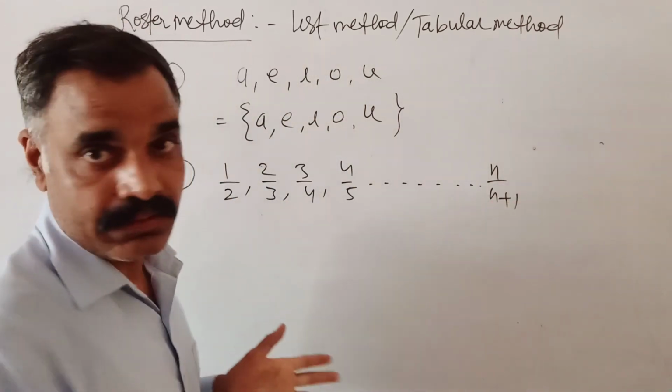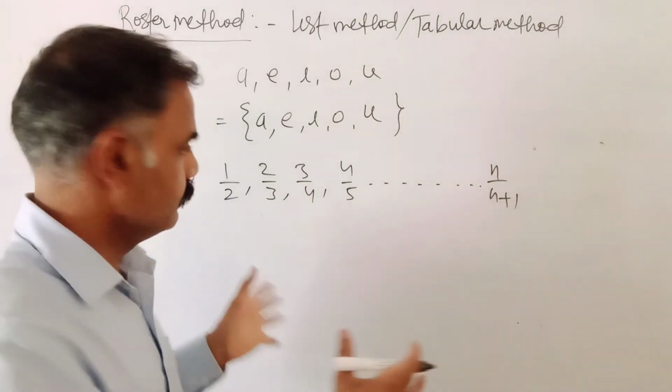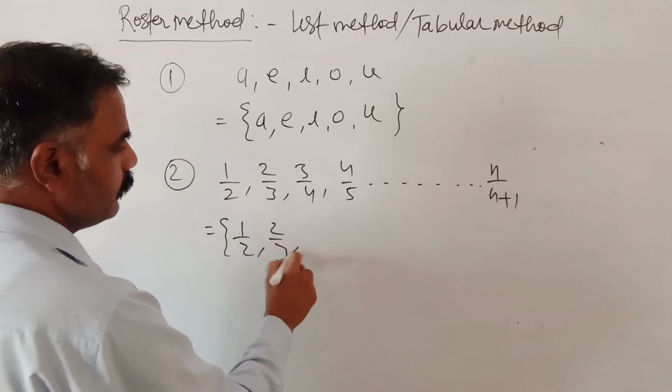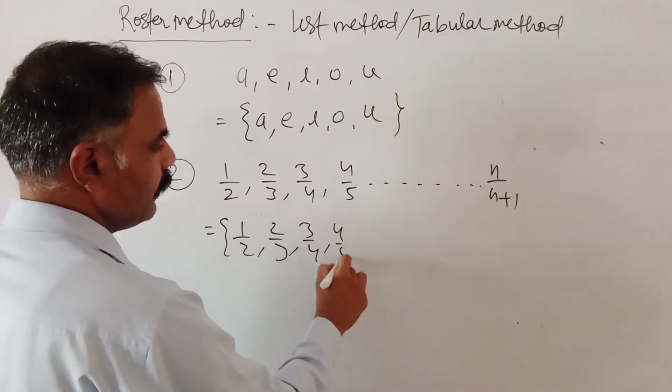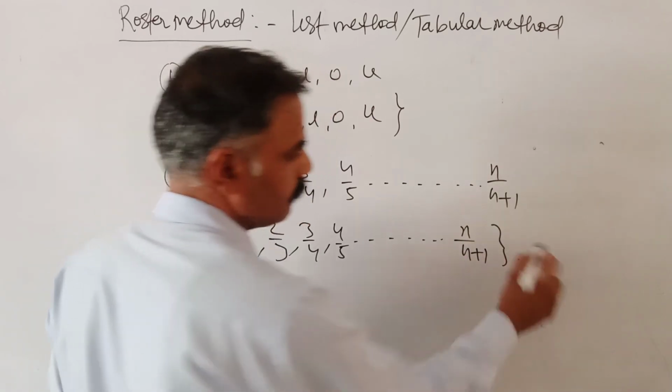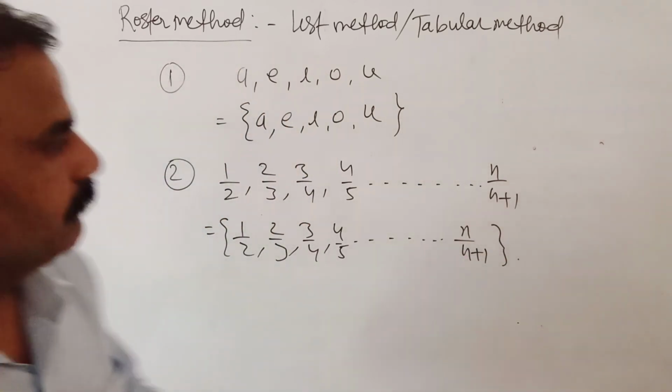So the roster method of this collection equals 1 upon 2, 2 upon 3, 3 upon 4, 4 upon 5, and so on, n upon n plus 1.